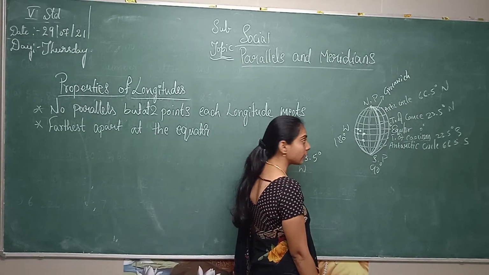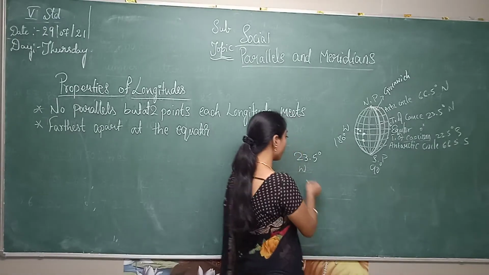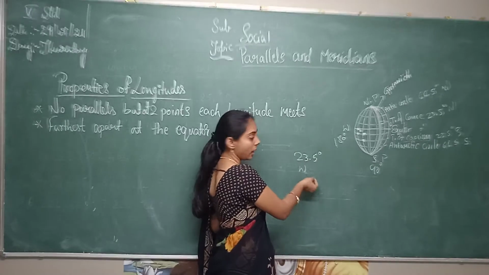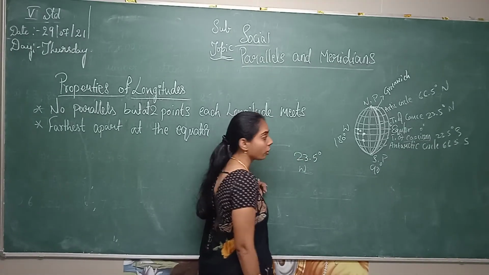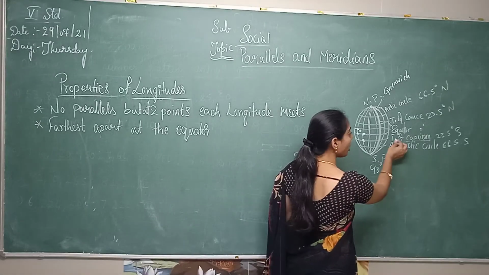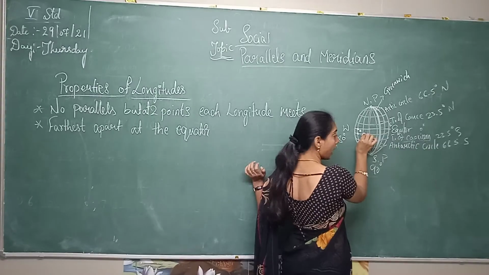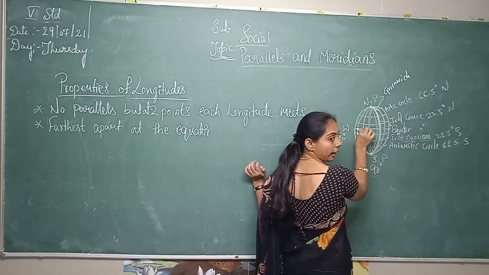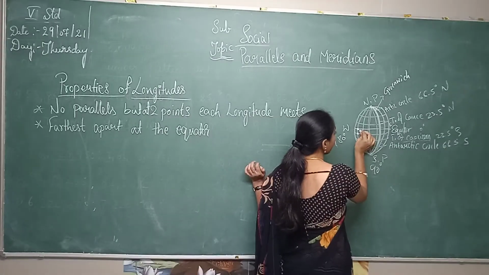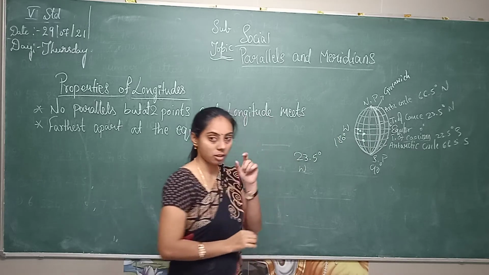So at that time we will decide with the help of the Tropic of Capricorn. The Tropic of Capricorn is at 23.5 degrees latitude, and the equator is zero. Understand?